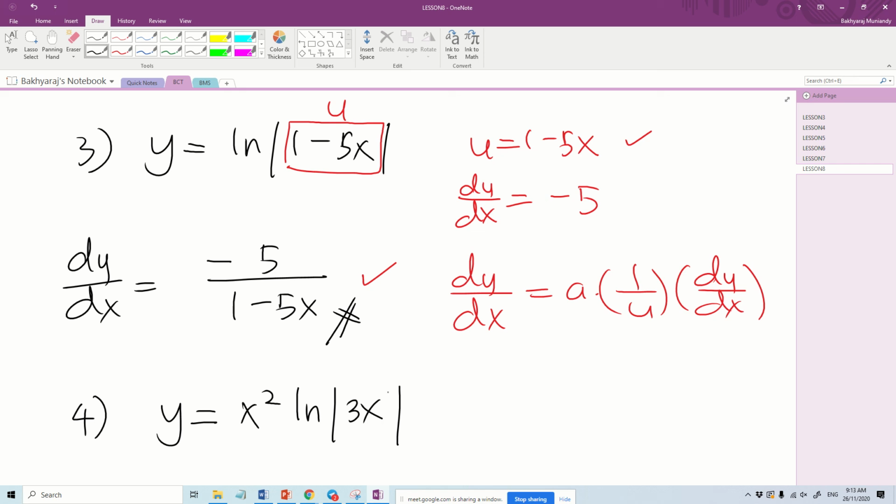Polynomial log maksudnya mesti kena guna product rule. Here you need to use product rule. Because polynomial together with logarithm, sebab dia akan jadi dua function. So one u, another one is v. So this is u.